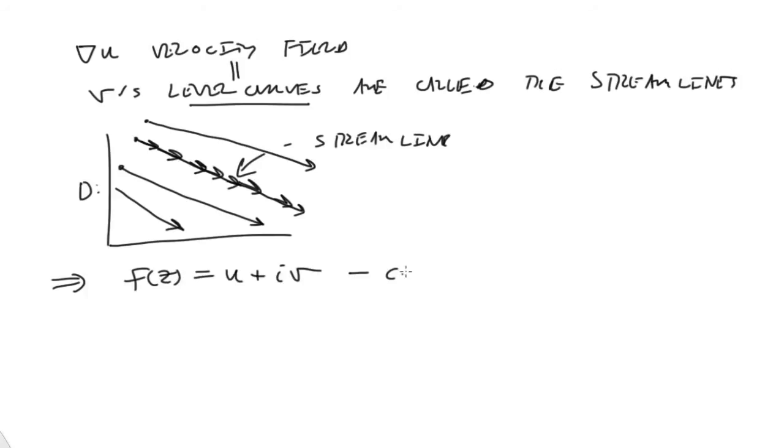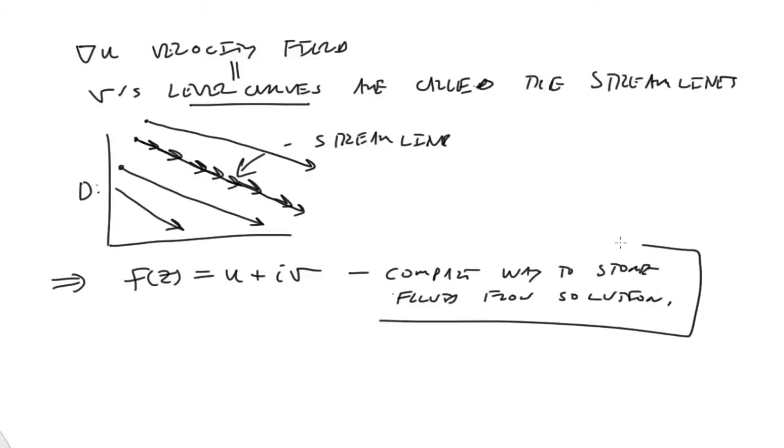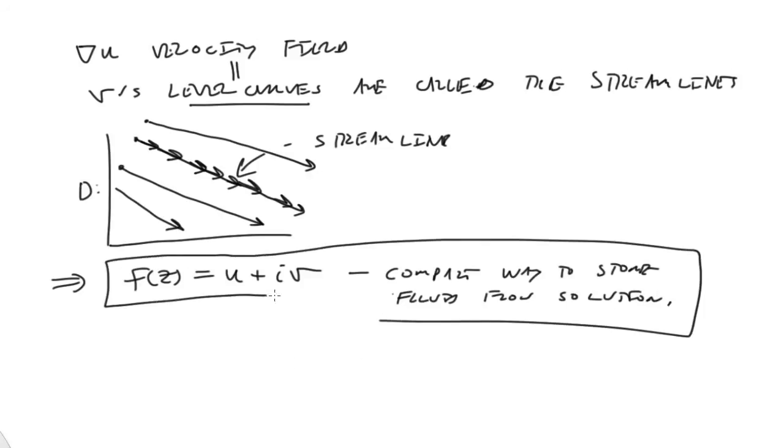It's a compact way to store a fluid flow solution. All right. So analytic functions are a way to represent steady state fluid flow in 2D. Okay. So let's go to an example really quick and then close out this video here.